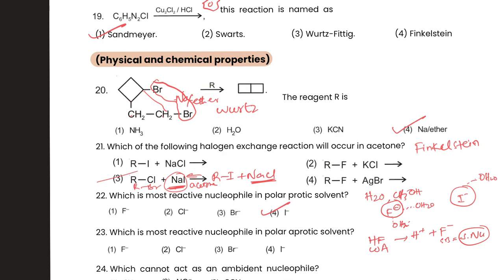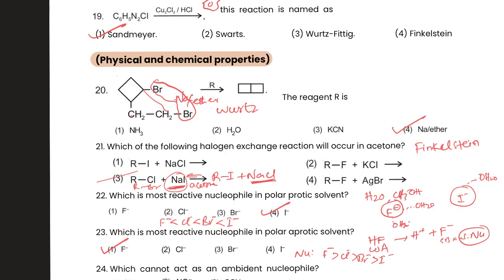In polar aprotic solvent it is not solvated, so F minus is a good nucleophile. So in polar aprotic solvent the nucleophile order is F minus greater than Cl minus greater than Br minus greater than I minus. In polar protic solvent F minus is the least, then Cl minus, then Br minus, and I minus is a good nucleophile.